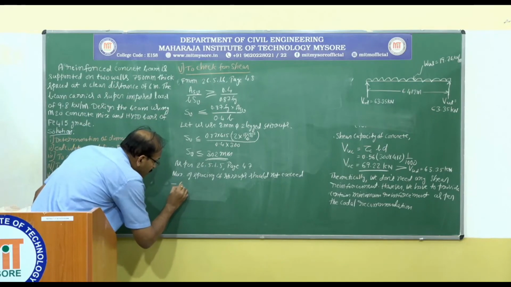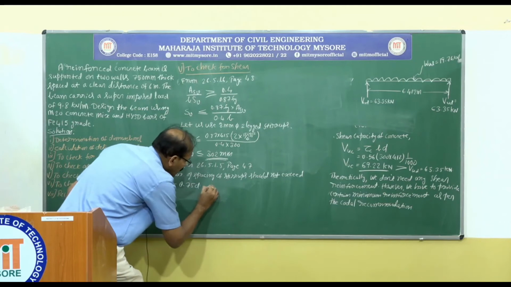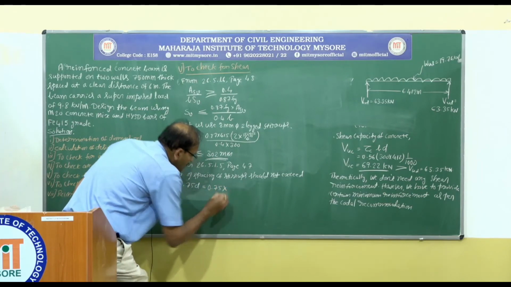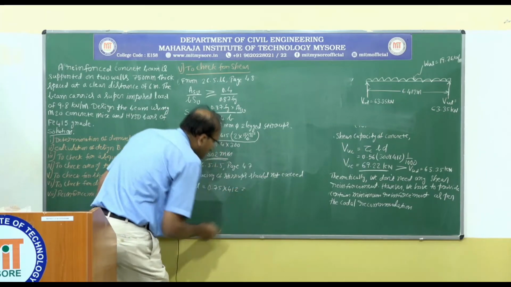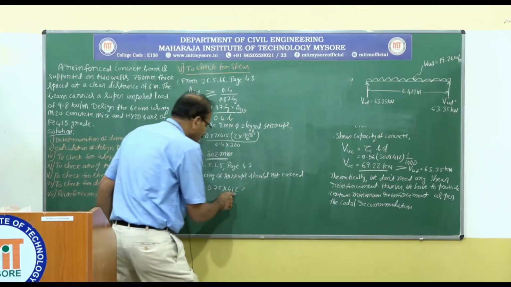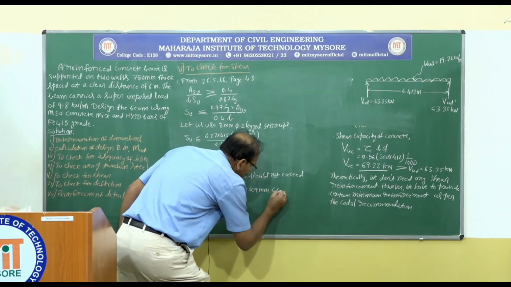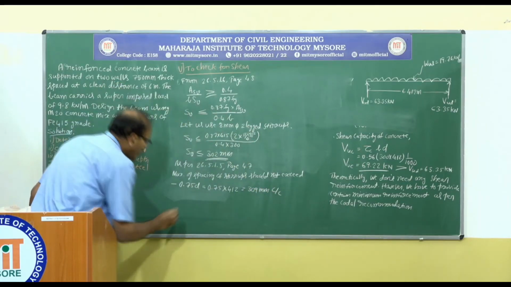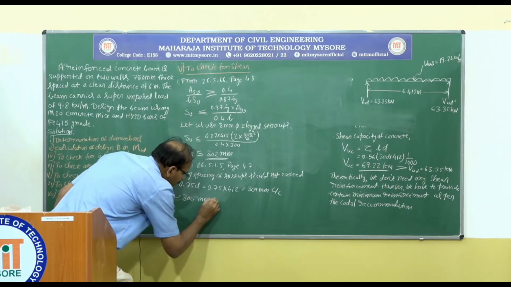it gives two values. 0.75 d, that is equal to 0.75 times d, the effective depth, which is 412, that is equal to 309 millimeter center to center, and in no case it should exceed 300 millimeter center to center.